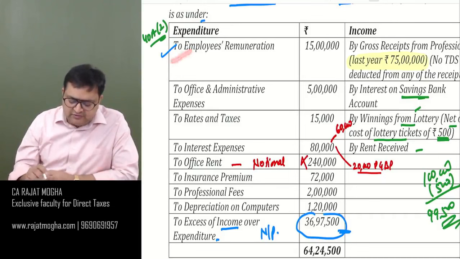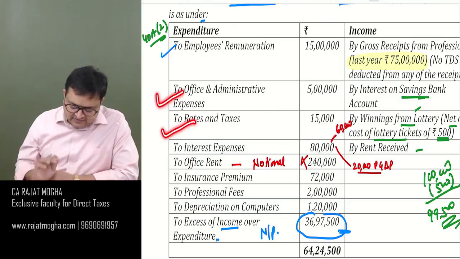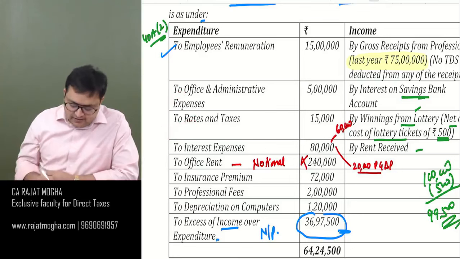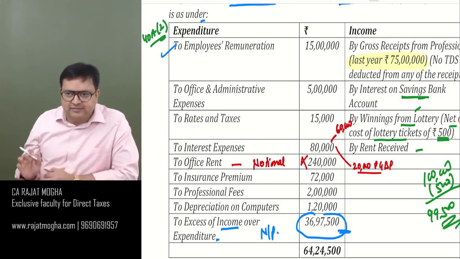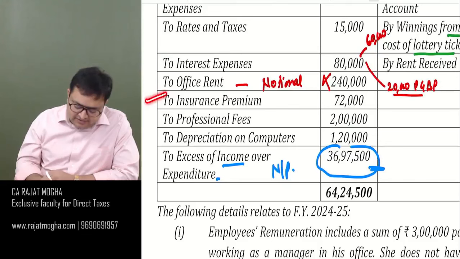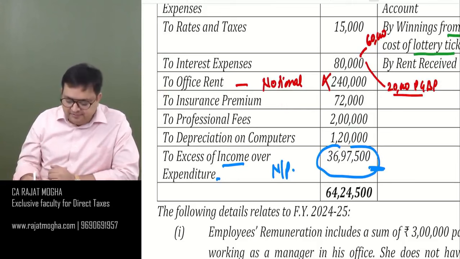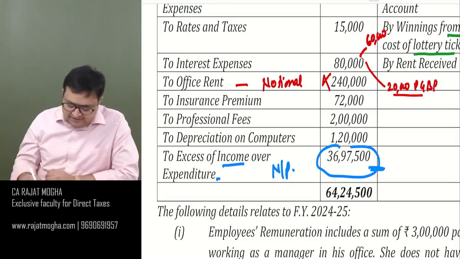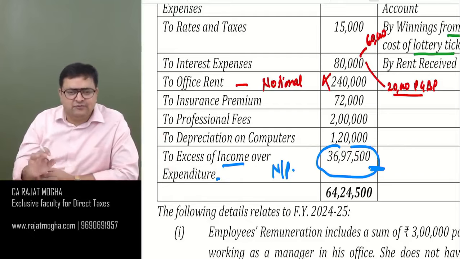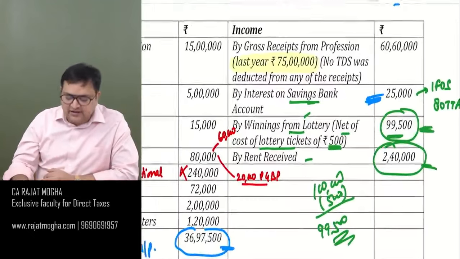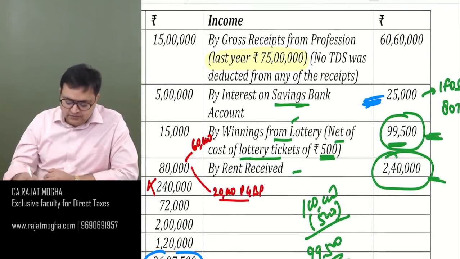Employee remuneration, although there was something, I'm not taking it. Office and admin expenses, okay. Rates and taxes, right now I'm okay with it. Interest expenses. Office rent, although it is notional, let me keep it for step number 4. Insurance premium, although I know that it is personal, let me keep it for step number 4. Professional fees, I know that there is a 30% thing, let me keep it for step number 4. Depreciation on computer, okay. As of now, on the debit side, I don't find anything unless I go to the information.